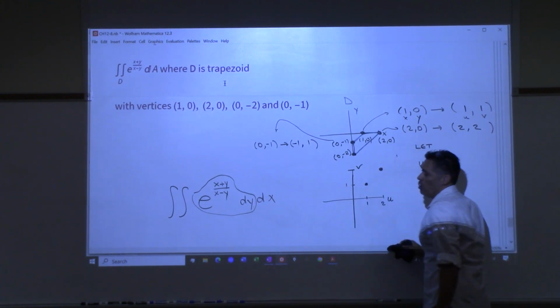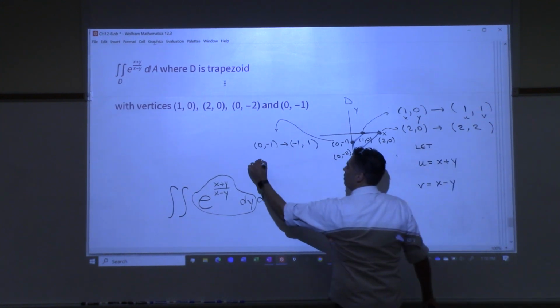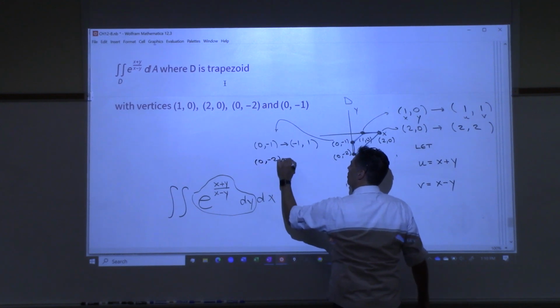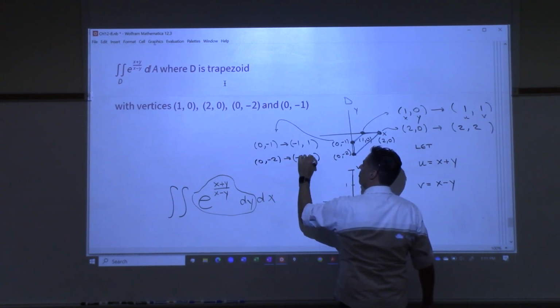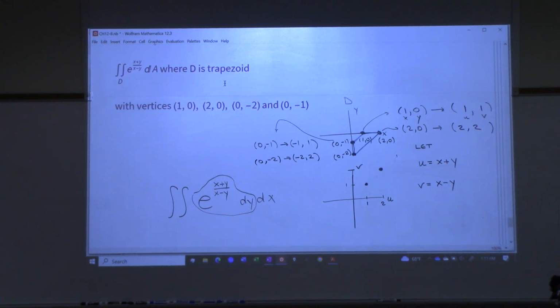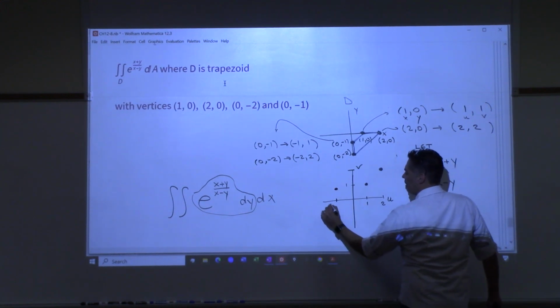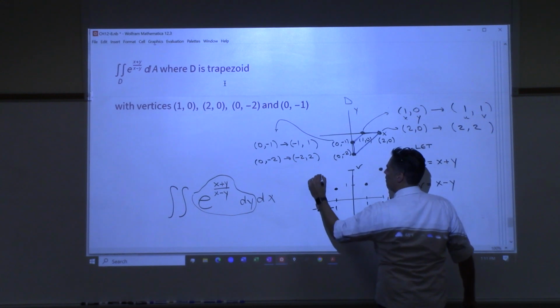So it goes to negative 1, 1. And then the last one, 0, negative 2, gets taken over to negative 2, 2. I'm going to just trust you can do the same thing on that. Right? And then let me plot those. So negative 1, 1 is here, and then negative 2, 2 is up here.